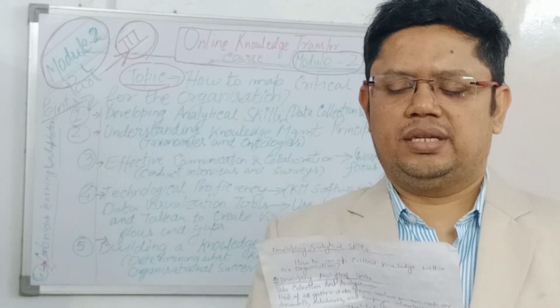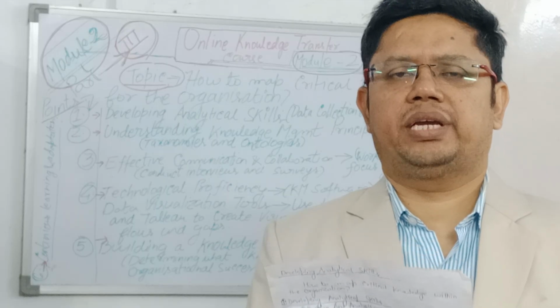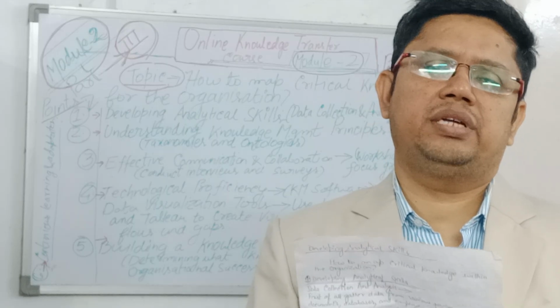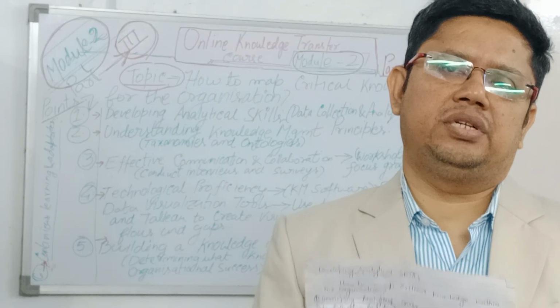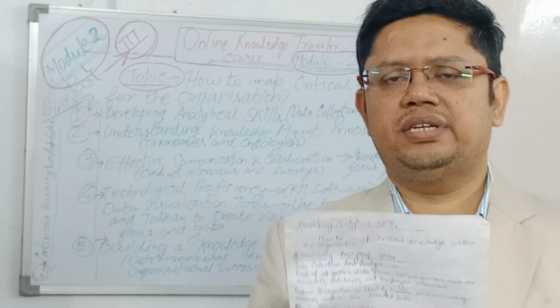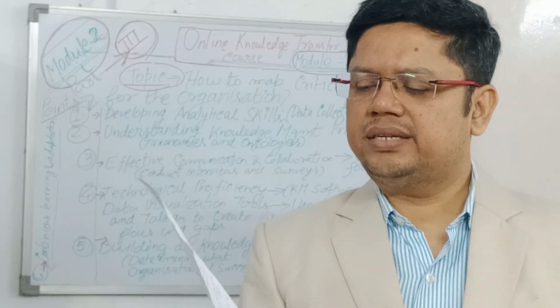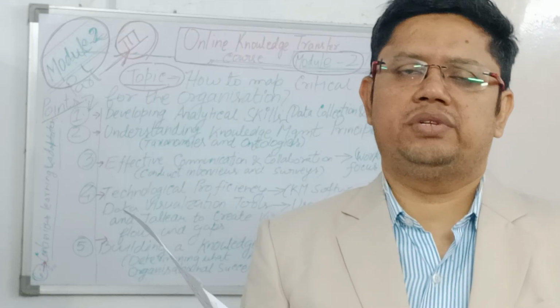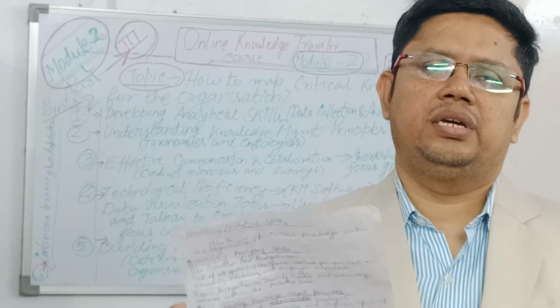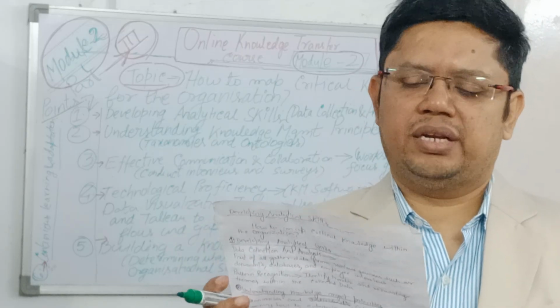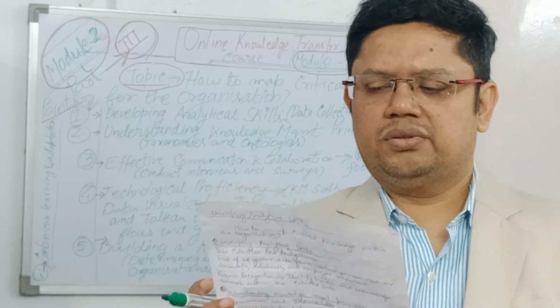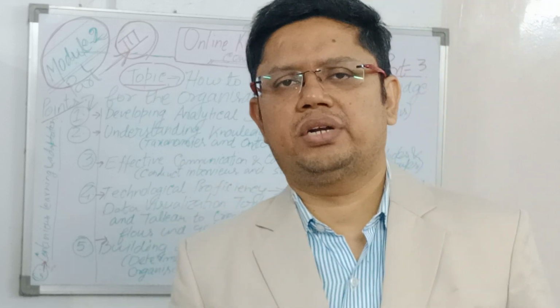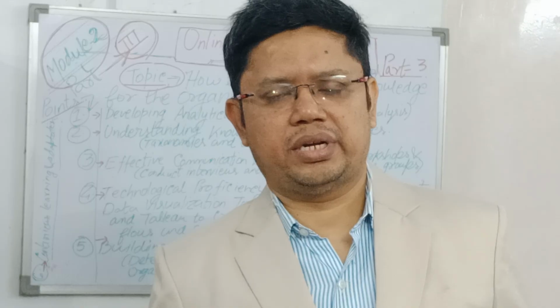So it is a continuous mechanism, as knowledge search behavior is a repetitive type of issue. Since it is repetitive in nature, the entire thing of mapping the critical knowledge within the organization is also a repetitive activity and not a one-time activity. So these are the things that are required to map the critical knowledge within your organization.